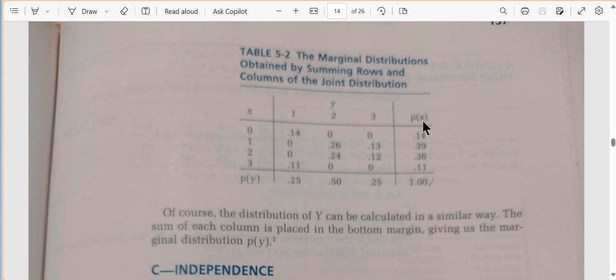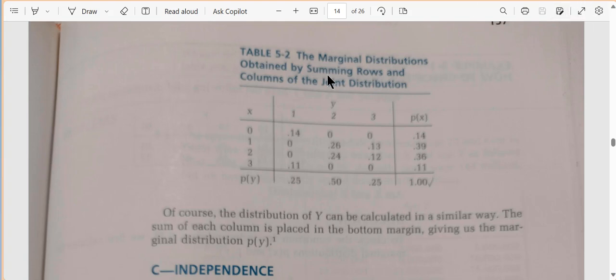So whether we call it the probability distribution for x or the marginal probability distribution of x, it's the same thing. But if we got it from the joint distribution, we could call it the marginal one. Or we could also just call it the probability distribution of x.